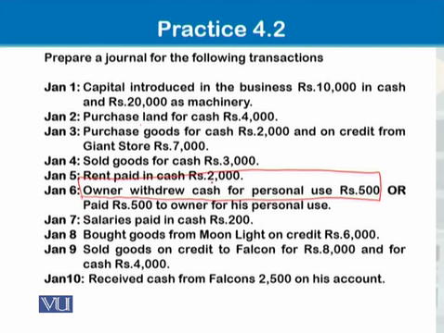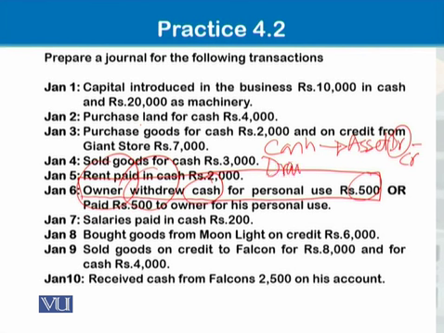Owner withdrew cash. Cash is being paid to owner. So when cash is paid, there is a decrease in an asset, debit group. Therefore, we have to credit. And when the owner withdraws, the second head is drawing.